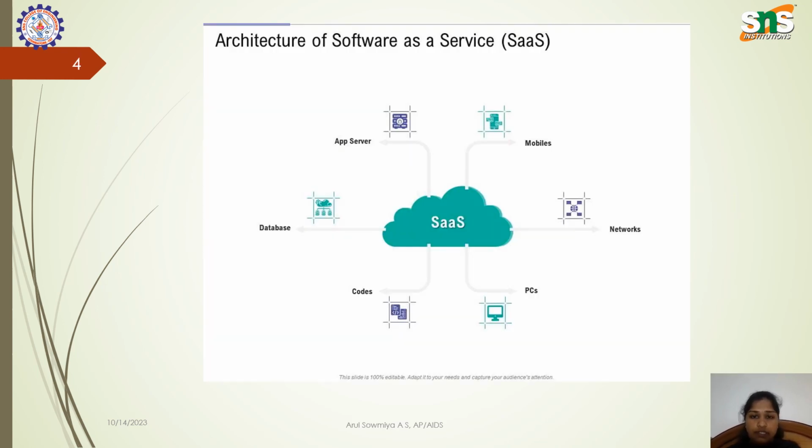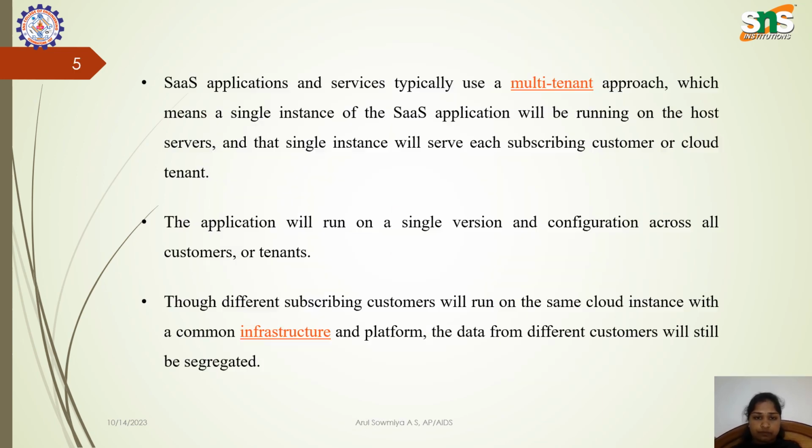So this is the architecture of cloud software as a service in cloud computing. Here the SaaS database, app server, mobiles, networks, PCs, and code are connected to the one cloud. SaaS applications and services typically use a multi-tenant approach, which means a single instance of the SaaS application will be running on the host server, and that single instance will serve each subscribing customer or cloud tenant.